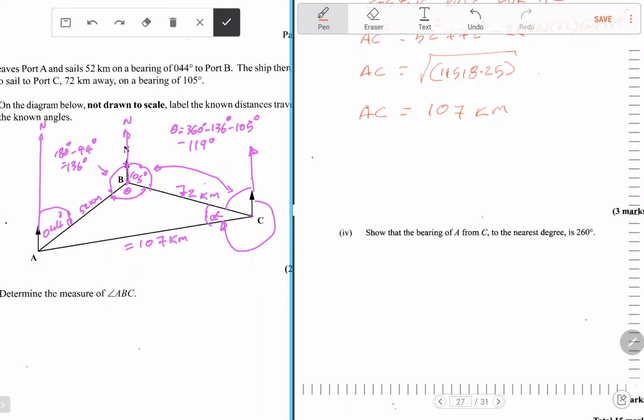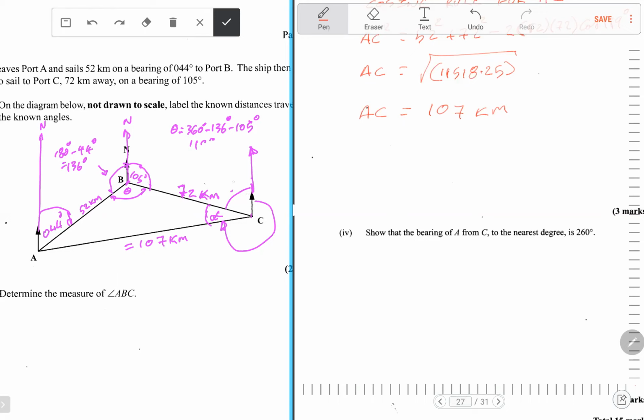So on this one, we've got the angle between the two parallel sides, U angles. I can't control this eraser, it's erasing too much. Anyway, let's mark it back again. So this is 72 kilometers, and those two angles are supplementary angles.